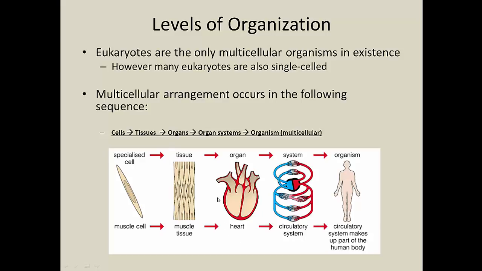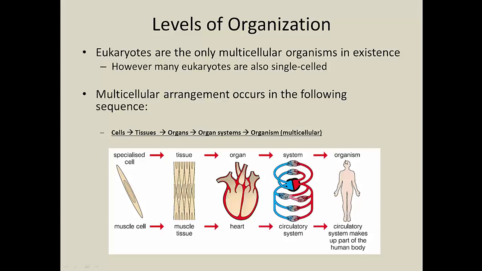Those can then group into an organ, which is a group of different tissues that all serve a similar function, like the heart organ, which is made up of different types of muscle. Then multiple organs can function together to make what's called an organ system, like the circulatory system, which has different organs that all work in unison. And then ultimately, multiple organ systems can work in conjunction to make a multicellular organism.